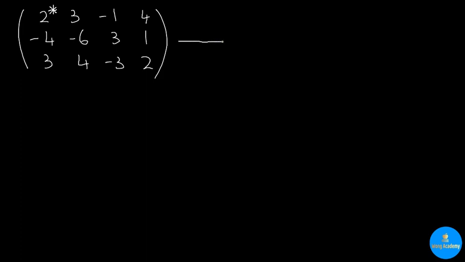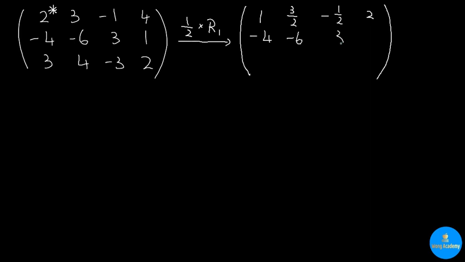And we will do this by multiplying the reciprocal of the pivot entry, which is 1/2, to the first row, our pivot row. 1/2 times R1 will give us 1, 3/2, -1/2, and 2. There is no change in the other 2 rows, and we are just copying them one by one.